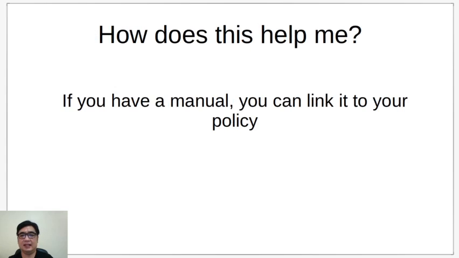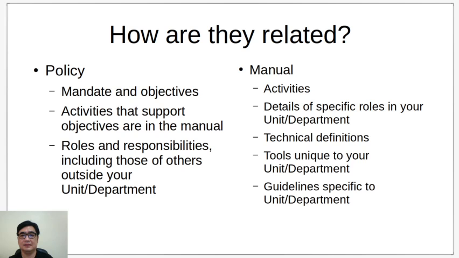So how does this help you? If you have a manual, you can link it to your policy. So how are these related? In your policy, you will need to have the mandate and objectives of your unit or department. The activities that support objectives are already contained in the manual.